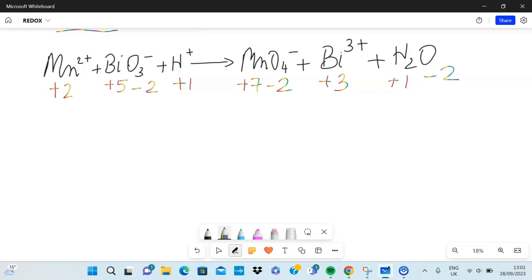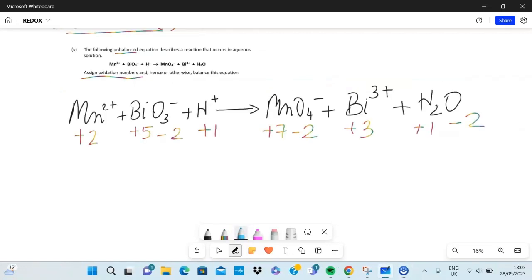The next step, after you're sure you've assigned the correct oxidation numbers, is to check for differences. This is your left-hand side and this is your right-hand side. I'm looking at Mn2+, so that's manganese. Manganese on the left-hand side is not the same as manganese on the right-hand side.